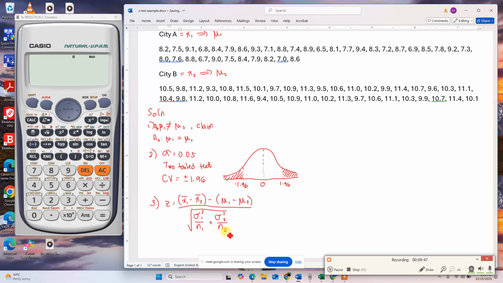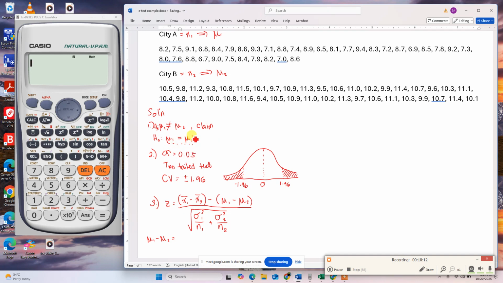Now, in this case, we are going to identify the values. So you have now mu1 minus mu2. Where are we going to get the value of mu1 minus mu2? We go back to this null hypothesis. As you can see here, mu1 is equal to mu2.